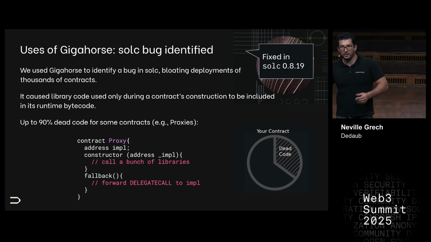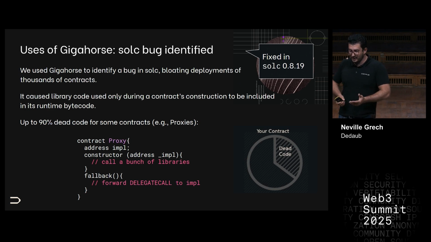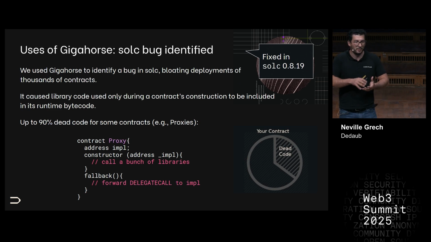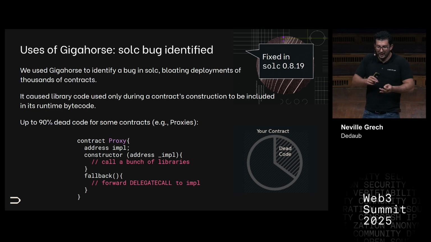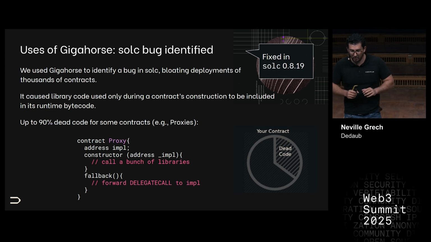Now, this is something, obviously, where decompilation is very, very useful because we were decompiling smart contracts, and we were finding that 90% of their code was basically dead, meaning that there was no way you could possibly reach that code.